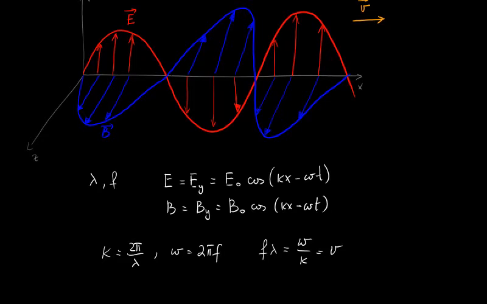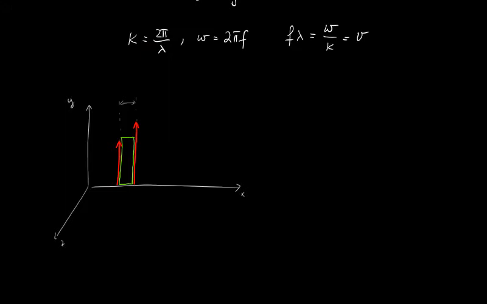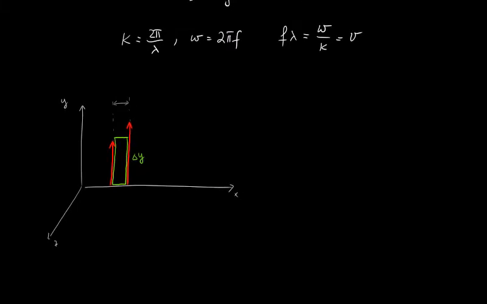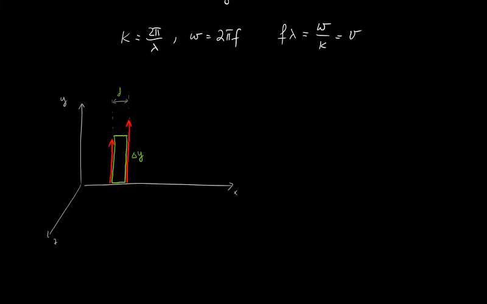Consider now a small rectangle in a plane of electric field. This rectangle has a finite height delta y and a tiny width dx.